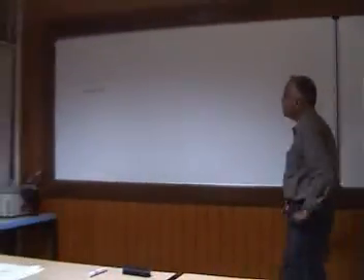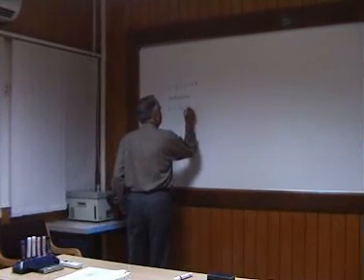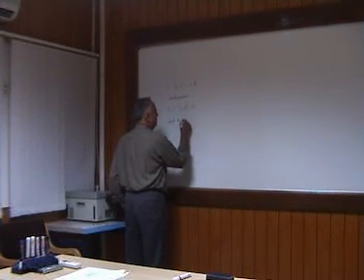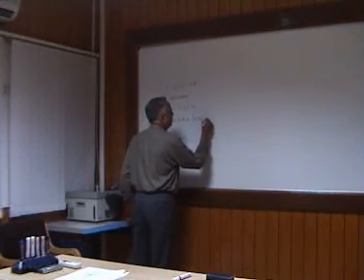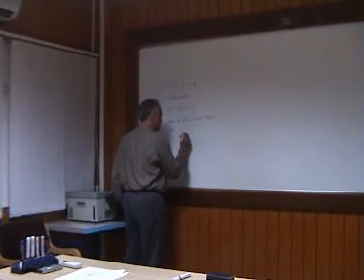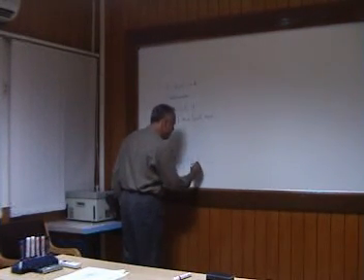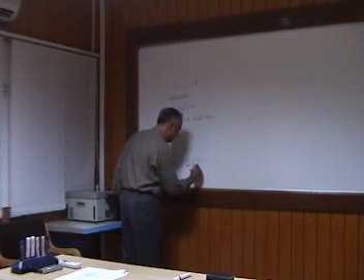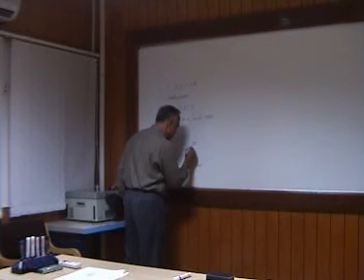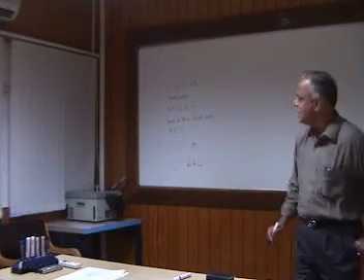I say, suppose the point x naught is in the open interval inside. It is said to be a local maximum for f if, here is the point x naught, there is a small neighborhood of that point such that here is f of x naught, and the function in that neighborhood will stay below that. What does that mean?